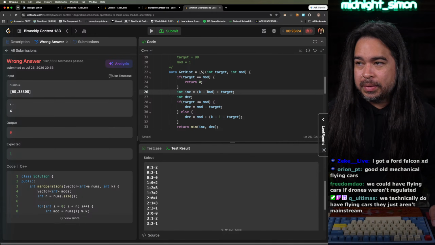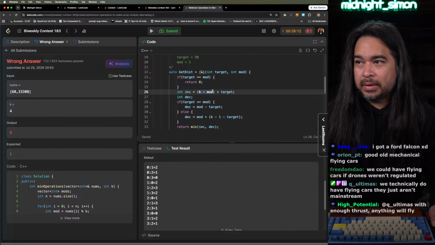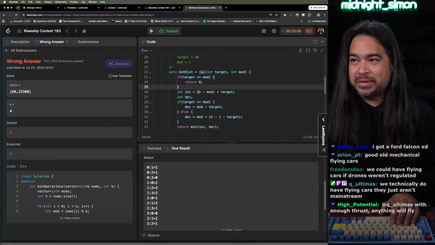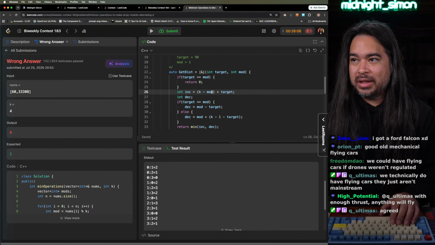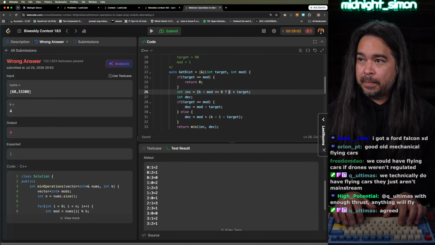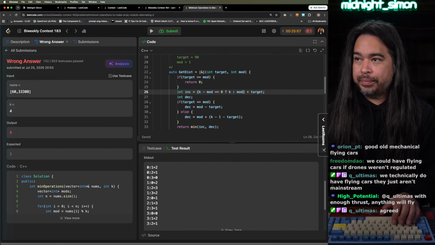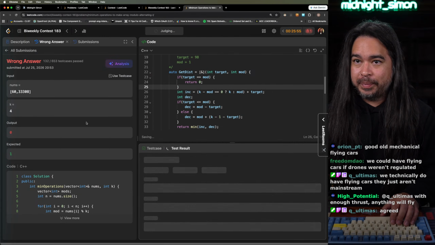So 0, 4, plus the target is 0. Oh yeah, this is wrong, because if the mod is 0, then... I'm gonna try that.